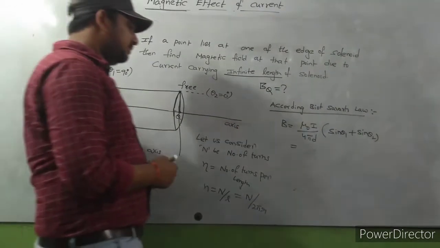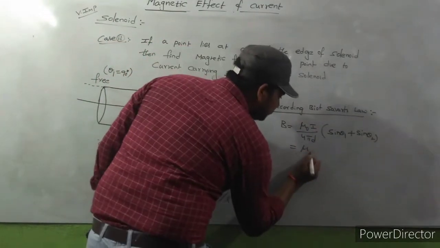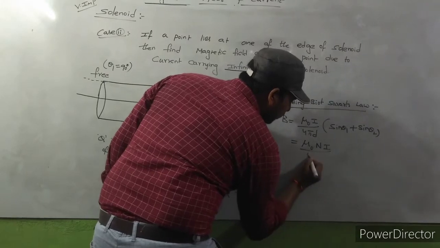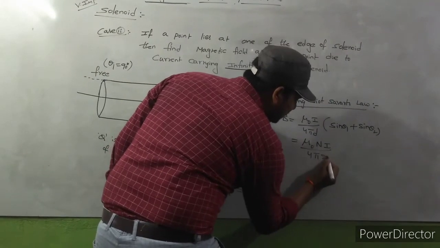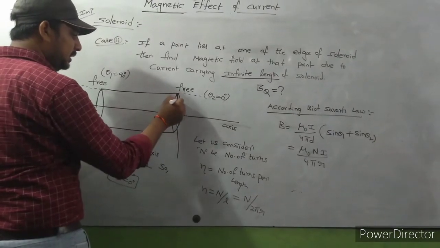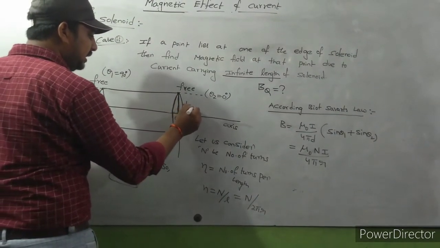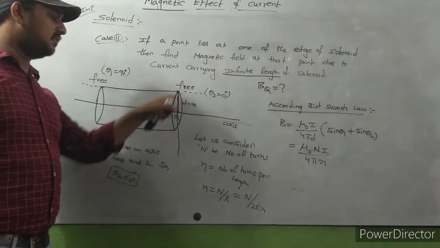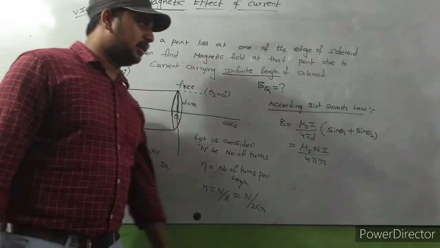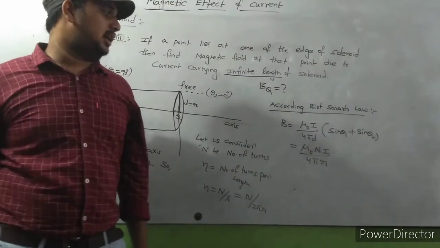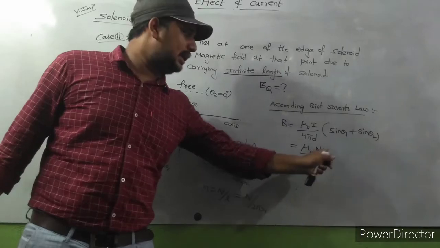So here mu naught I, and since N number of turns are there, mu naught N I by 4 pi into d, where d means r, because the perpendicular distance d is equal to the radius of the cylinder. Mu naught N I by 2r. One loop is there, current is I. N number of turns are there, then total current is N into I.